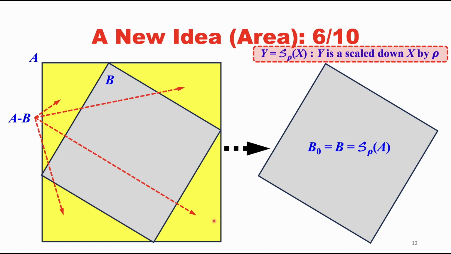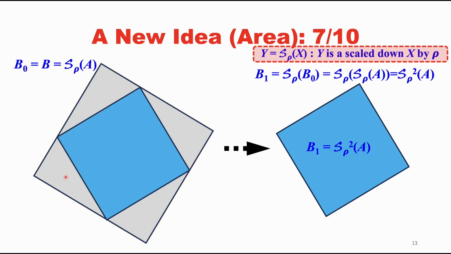So this is A, this is B, and both are squares. The yellow area is A minus B. And then we take B out. That is, A is scaled down to B, let's call it B sub 0, by a scaling factor rho. So this one is similar to A, becomes this.